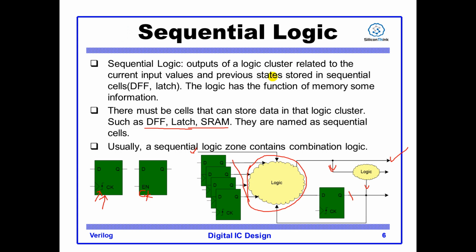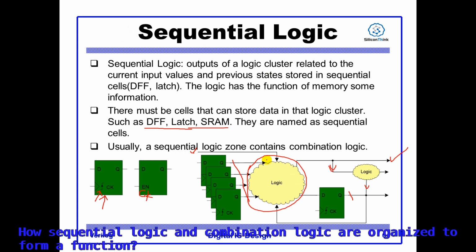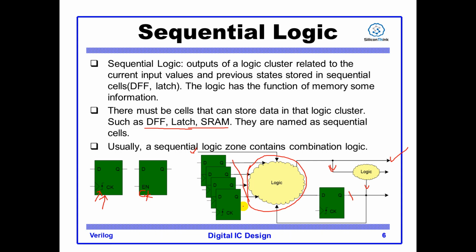How they cooperate with each other, and how sequential logic and combination logic are organized to form a function such as a counter or a CPU core, we will learn in the last section of this course.